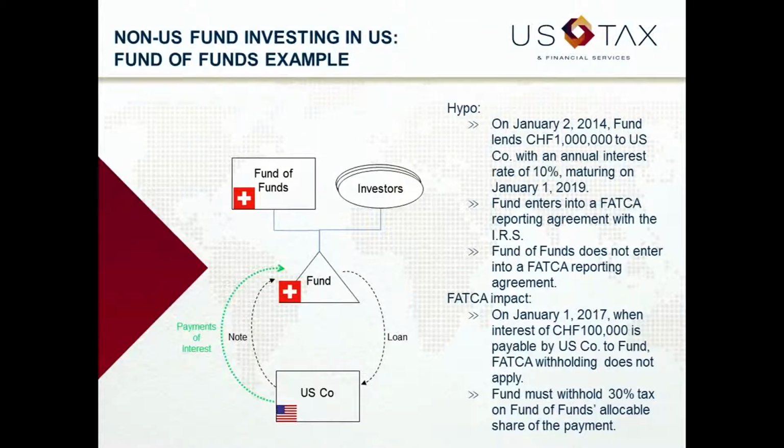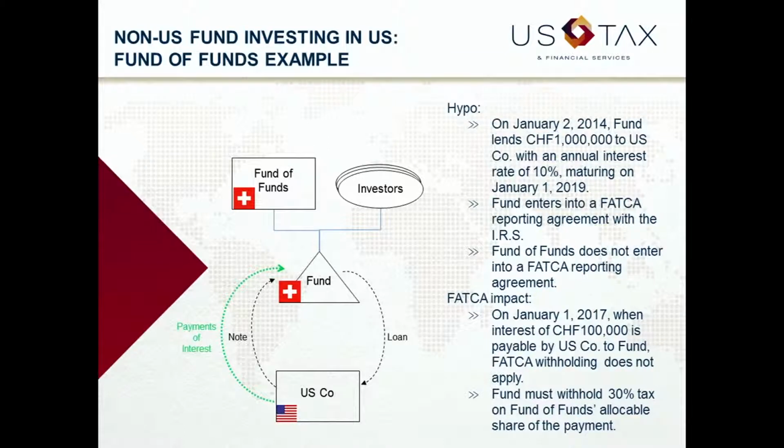Now, just going a little bit further down the rabbit hole, in this hypothetical, we have a loan again by Swiss fund into U.S. co. However, Swiss fund enters into a reporting agreement, and Swiss fund has a fund of funds above that's investing in Swiss fund. And so fund of funds, unfortunately, does not enter into an IRS reporting agreement.